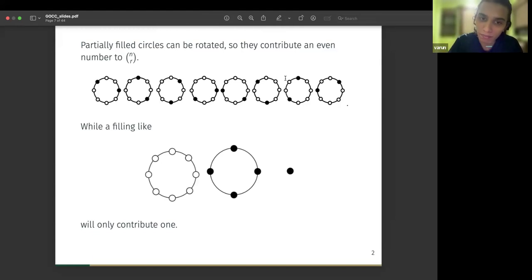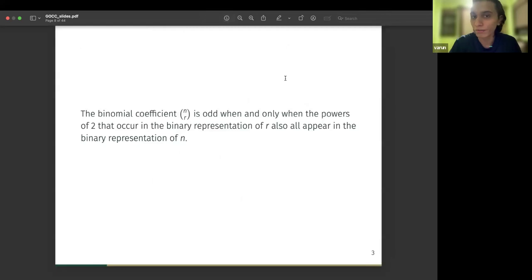Now, this kind of filling is a very special one because here 5 is 4 plus 1, right? And luckily, 13 also had a 4 circle and a 1 circle for us to completely fill those. So we deduce that the binomial coefficient is odd if and only if the powers of 2 that occur in the binary representation of r also all appear in the binary representation of n.